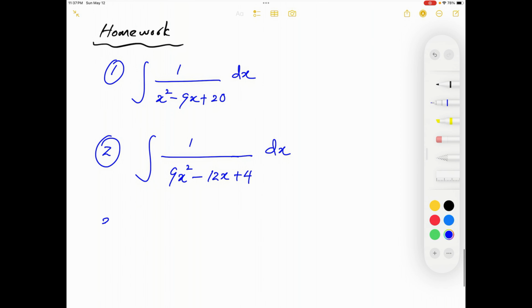The third question is evaluate the integral 1 over x squared plus 10x plus 34 dx. See if you can obtain the answers for these questions. If you need any help, please feel free to let me know.